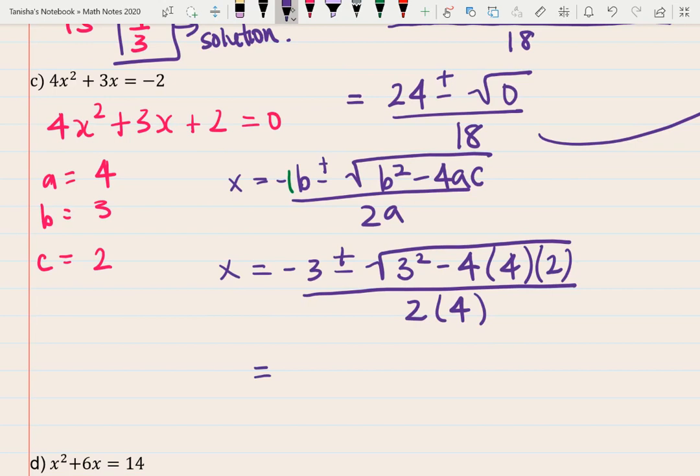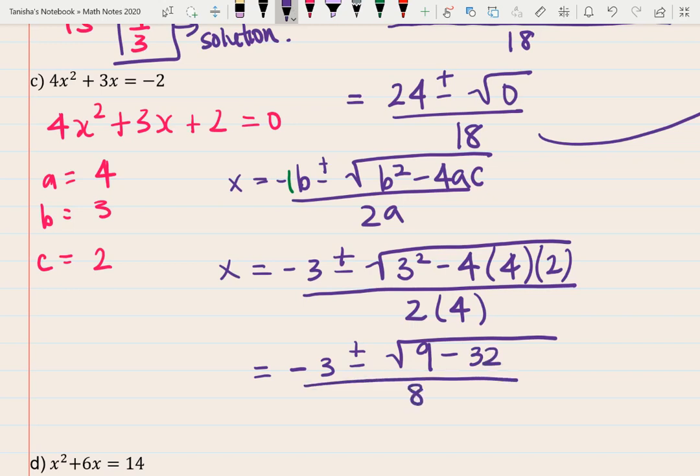Now we evaluate. -3 plus or minus the square root, the exponent first. So 3 squared is 9, minus 4 times 4 is 16, times 2 is 32, all over 8.